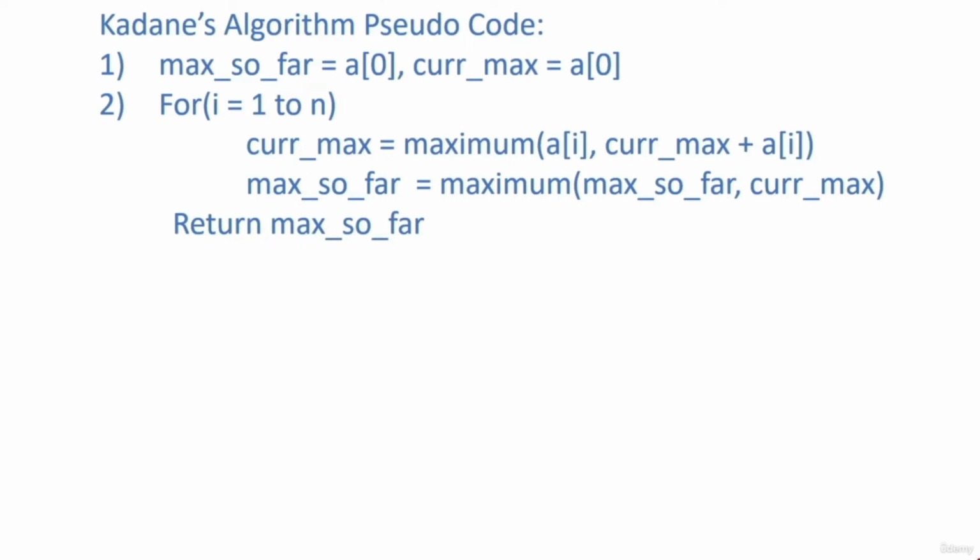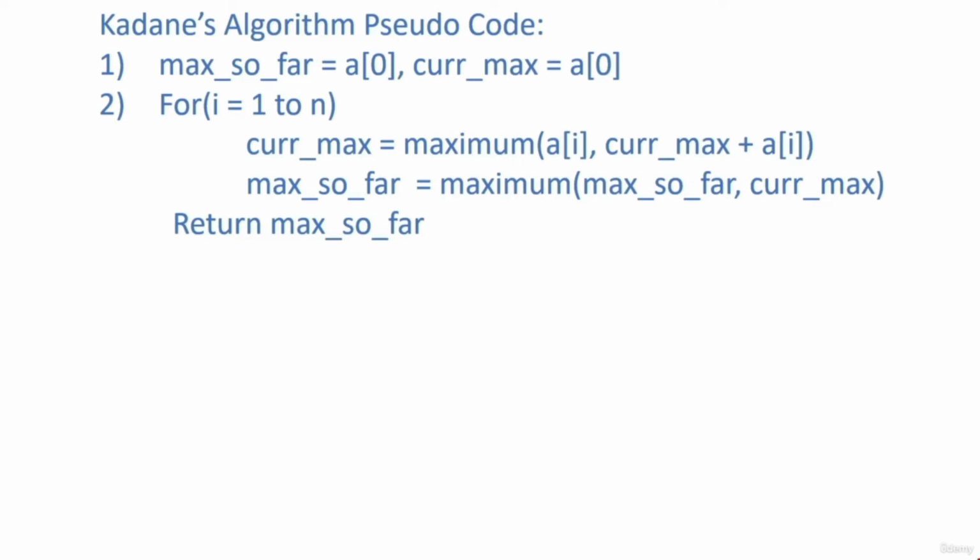Then we are running a for loop, and for every iteration, in the first step we are taking the maximum of the ith index element and current max plus A of I, and we are storing it into current max. In the second step we are taking max so far, which is our global max, with the help of max so far itself and current max.